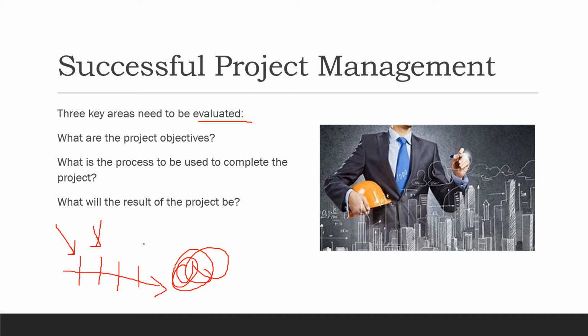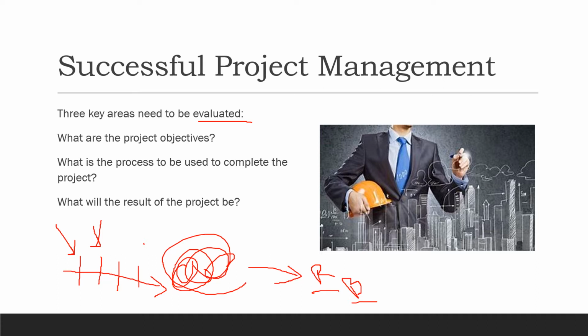The next thing is, what will the result of the project be? Once we finish the project, what is it that we're getting? What is the result, and what is our benefit of doing that? We're not going to waste our time and money if our results are not going to benefit anyone. It's just a waste of time.